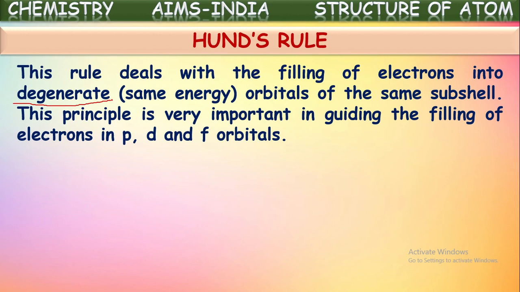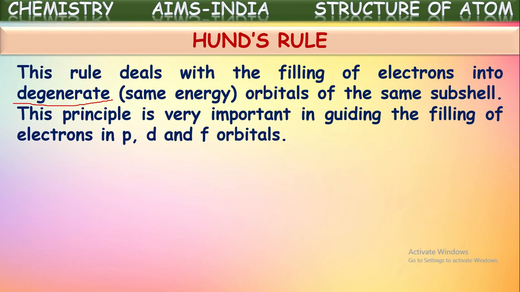You can also say orbitals with the same n plus l value are degenerate. The orbitals present in the same subshell have the same energy as well as the same n plus l value.